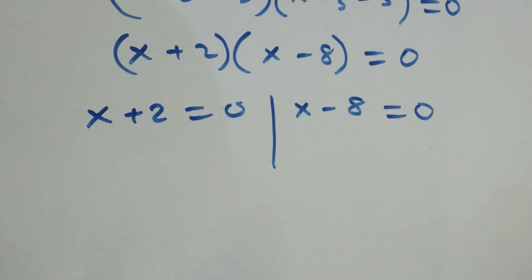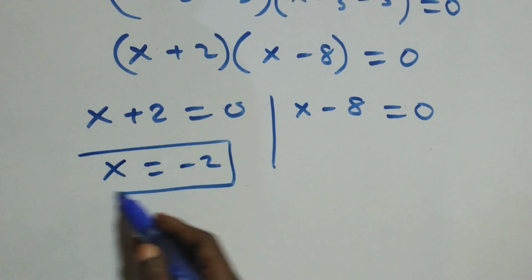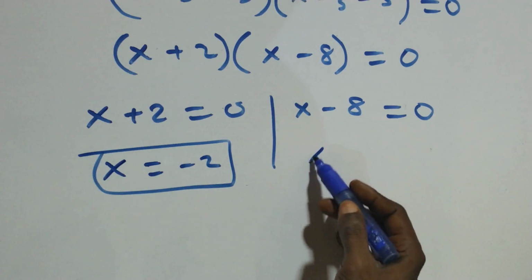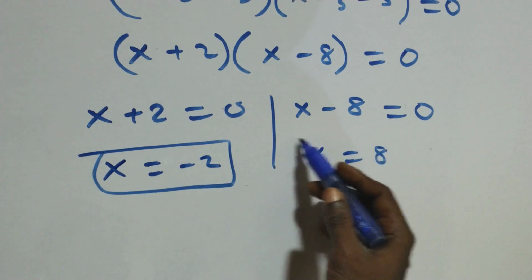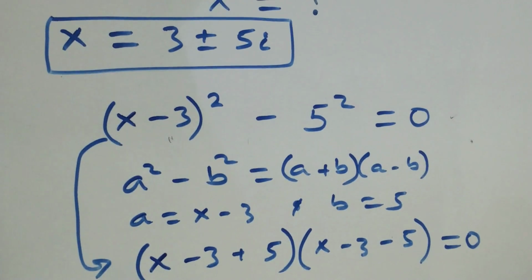That is, solving here, this gives us x equals to minus 2, which is a real solution here. And also here we have x equals to 8, also a real solution here. That is, we have two real solutions now. And altogether now, it implies we have 4 solutions, that is two real solutions here and two complex solutions here.